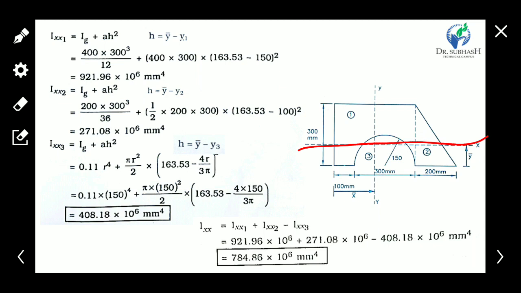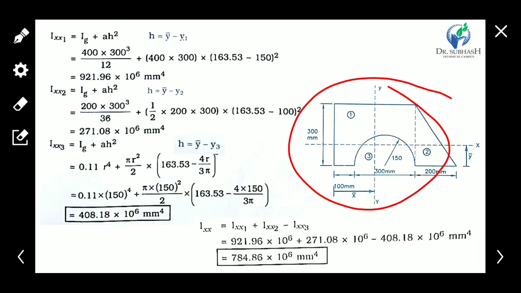Now we have the moments of inertia of all elements, but we have to find the moment of inertia for this total composite area. For that, we sum the moments of inertia of all elements, but here the semicircle area is cut out from that plane, so we have to subtract the moment of inertia of the semicircle from the summation.